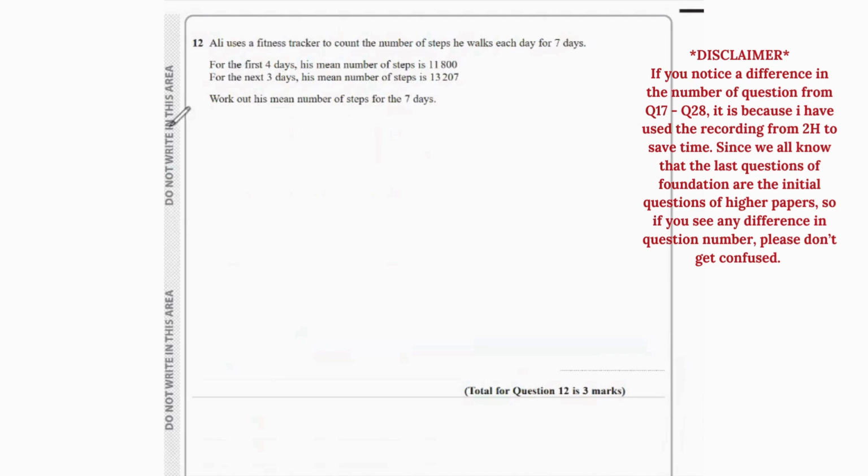So for the first 4 days, the sum of steps for 4 days divided by 4 equals 11,800.